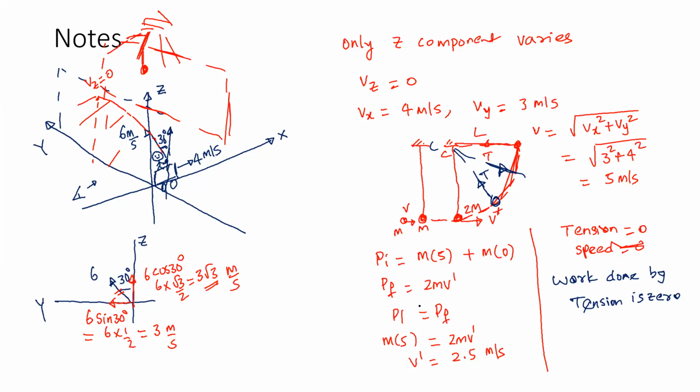Okay, now, another thing you can do here, if you believe that even when you have gravitational force, energy is not lost, we can use something known as conservation of energy.